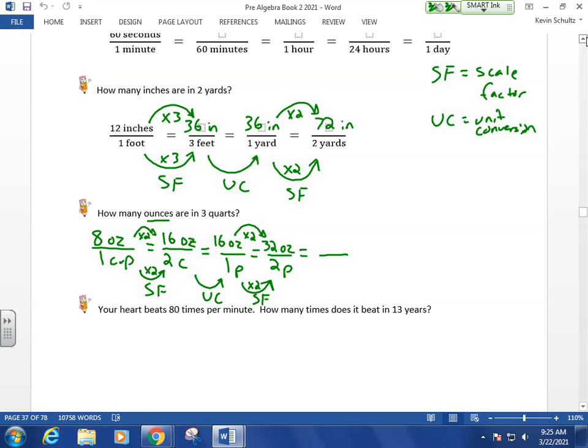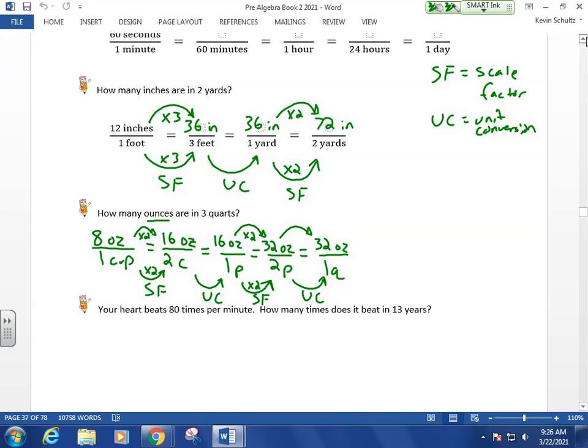We went to 2 pints because our next unit is quarts. Our value didn't change here. We just upped the unit, so our numerator doesn't change either. 32 ounces in 2 pints means there are 32 ounces in a quart. We're almost there because we want to know how many ounces are in 3 quarts.